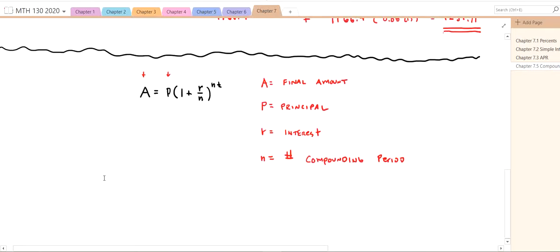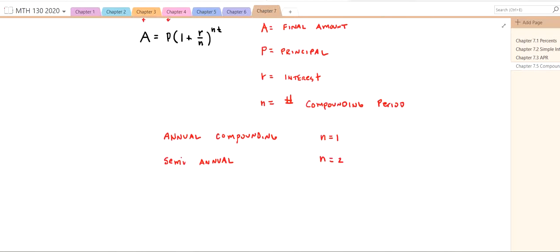So, when you have annual compounding, the value of n equals 1. For semi-annual, n equals 2.